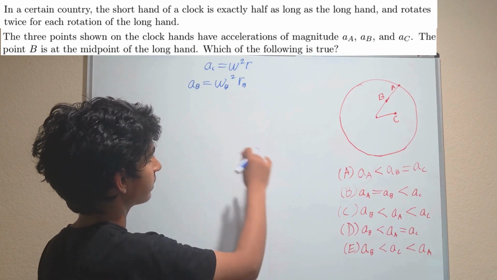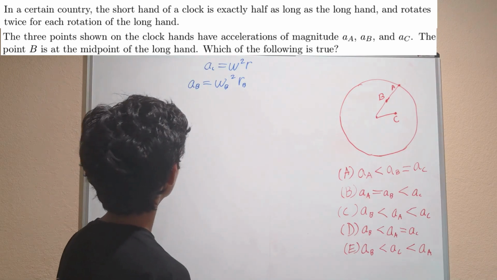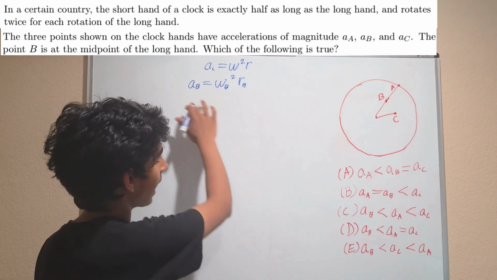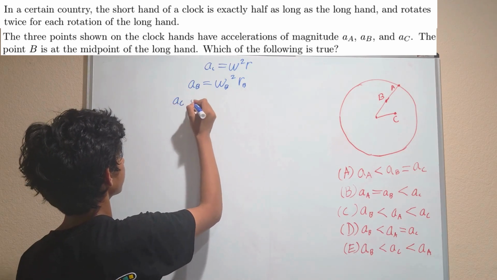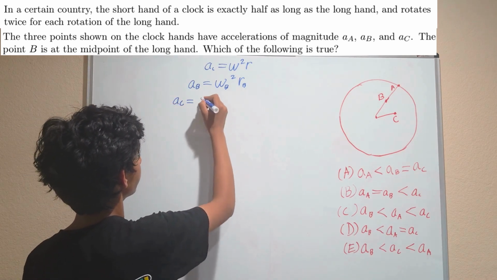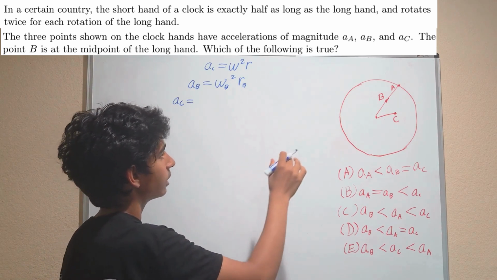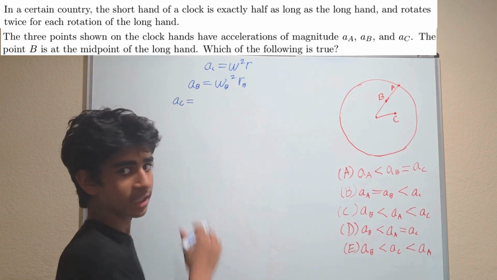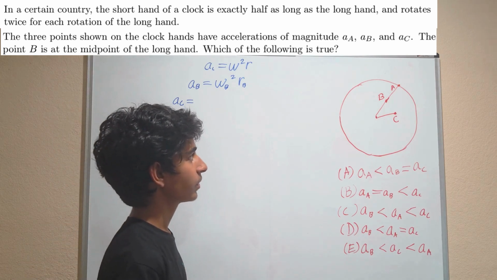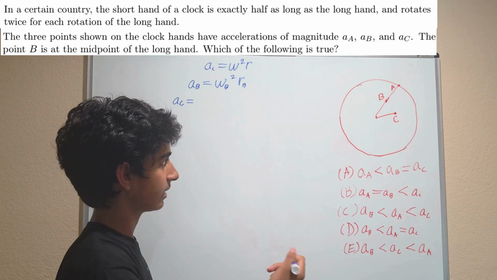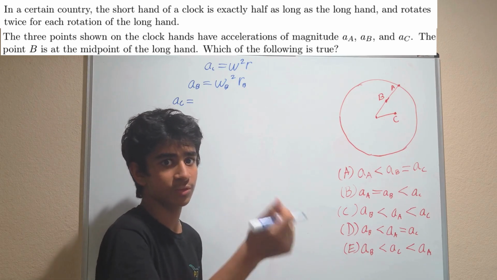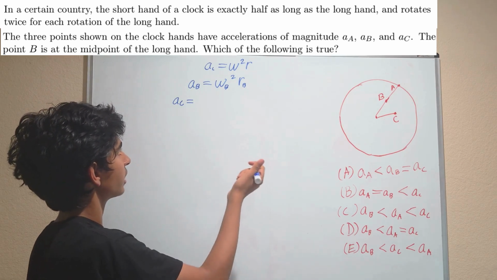Now let's find the acceleration of C. The angular velocity of C is 2 times the angular velocity of B, because the problem says the shorthand rotates twice for every rotation of the longhand, meaning it has to rotate twice as fast to rotate twice as much.